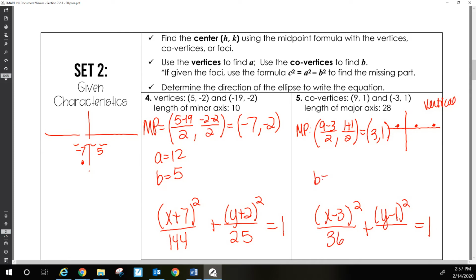Now I know that's my b, and the reason why I know it's b is because it's on the minor axis because of the co-vertices. They told us the length of the major axis is 28, but I only want half of the length of the major axis, and that would be 14, which means down here goes 14 squared, which is 196.